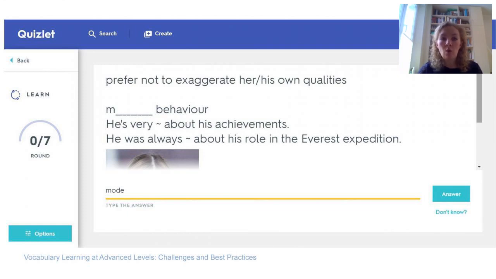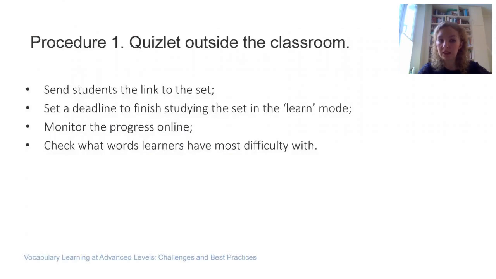Right, so what can you do with your students? First of all, send your students the link to the set in Quizlet. Set a deadline to finish studying the set in the learn mode. Monitor the progress. What is good about this teacher subscription is that you can see how successful your students are.